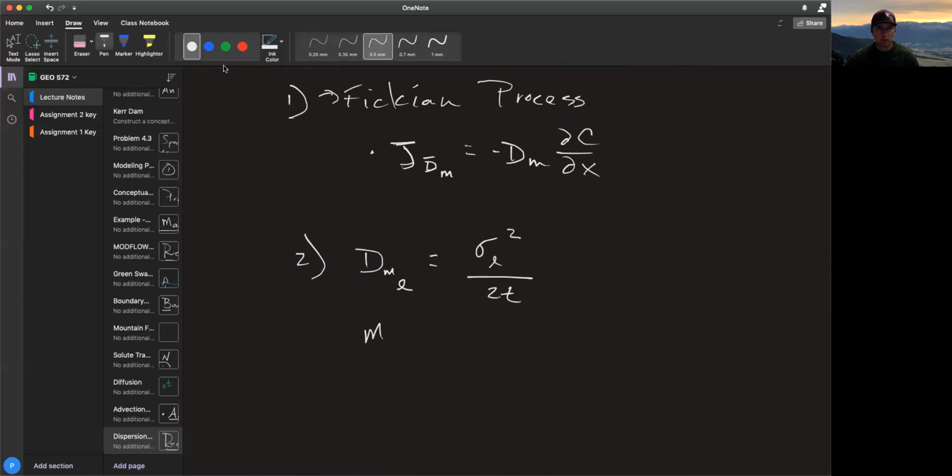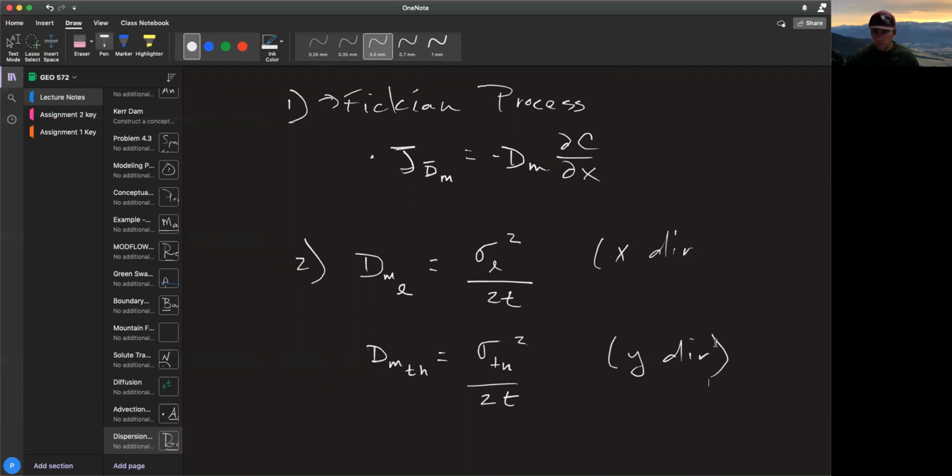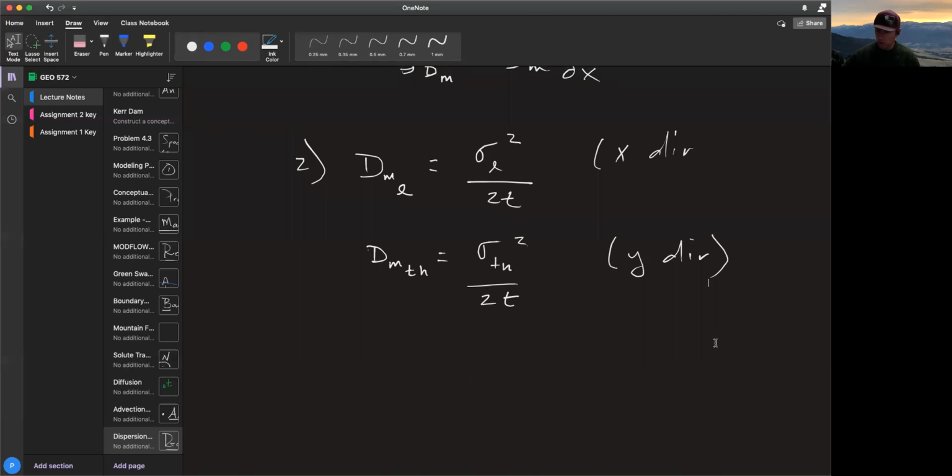The mechanical dispersion coefficient, so D_m transverse horizontal, is equal to sigma_th squared over 2t. So in the case we're talking about here, this would be the x direction, y direction, and this is for flow in the x direction.